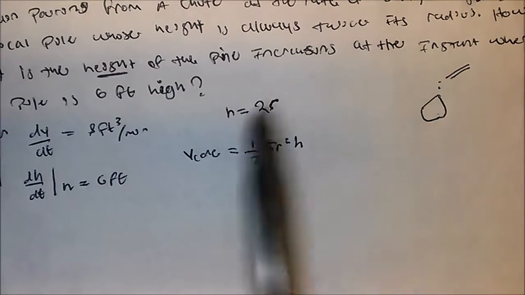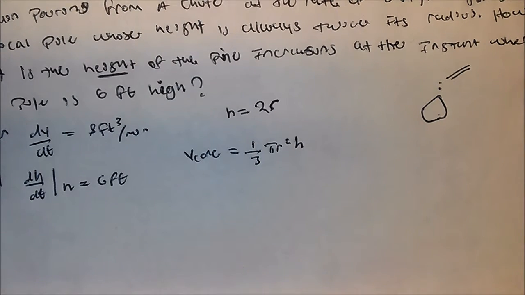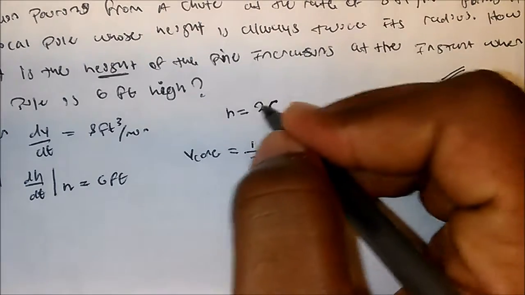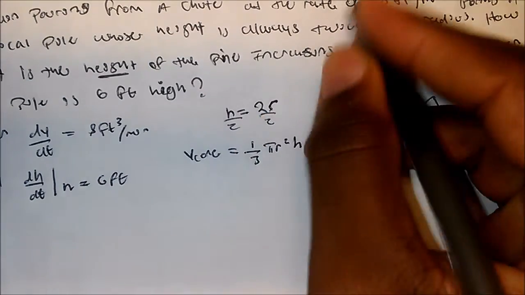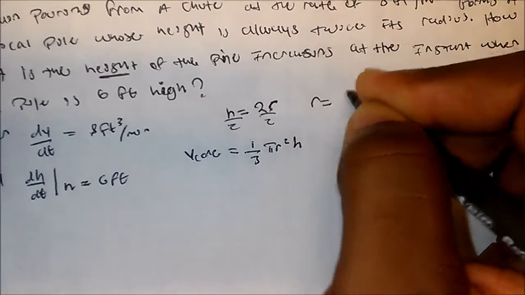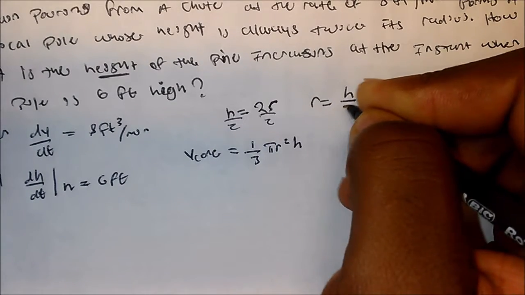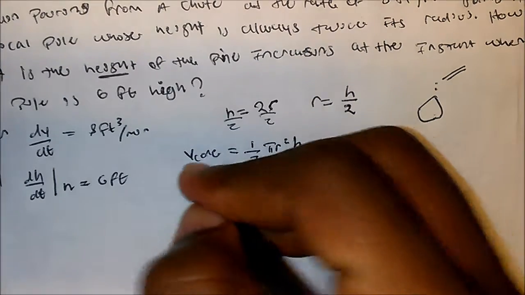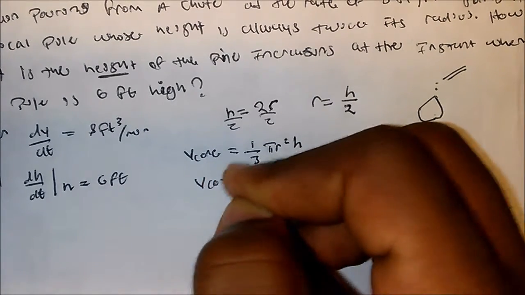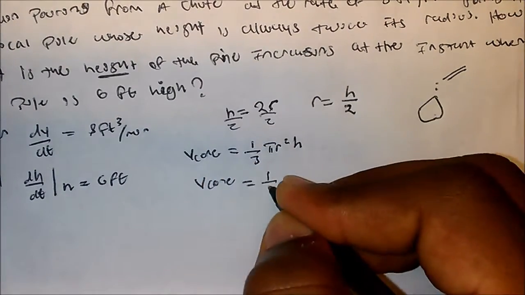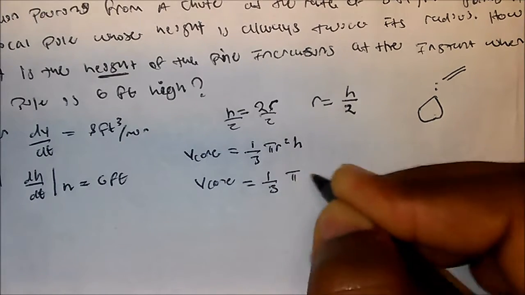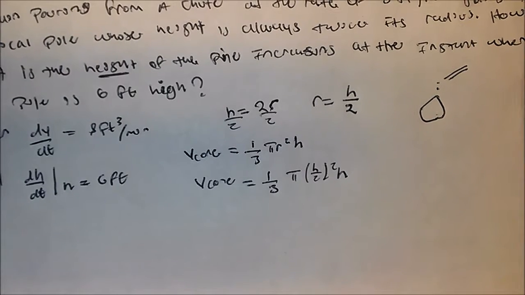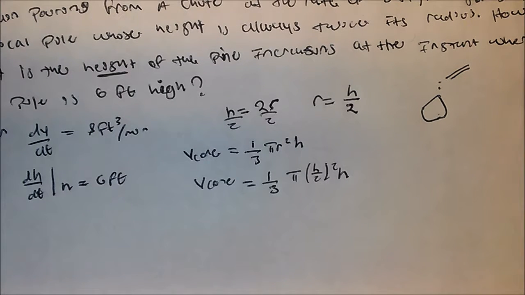We know nothing about the radius, so here's what we're going to do. I could solve for the radius here. Dividing by 2 on both sides, my radius is just 1/2 the height. Now I can plug this into the cone formula: 1/3 pi (h over 2) squared times h.